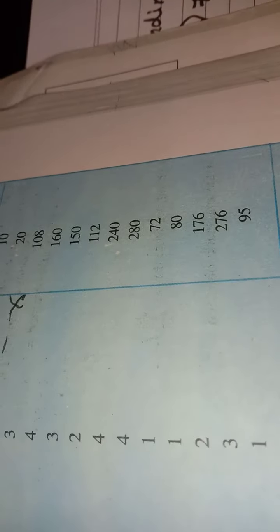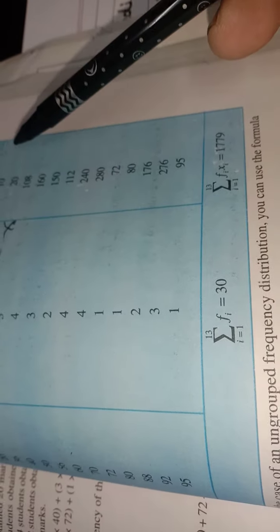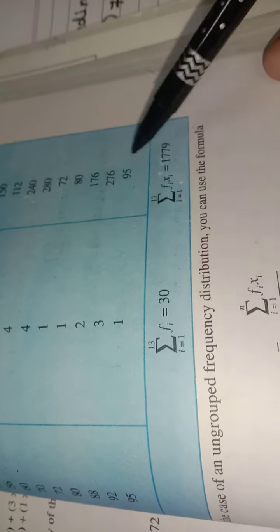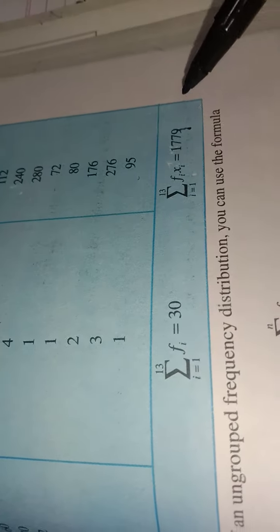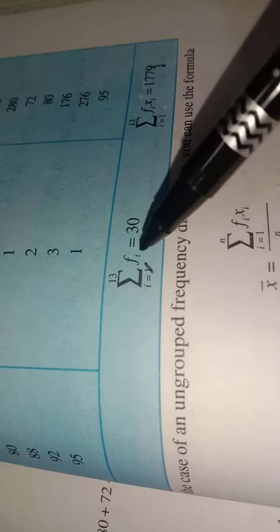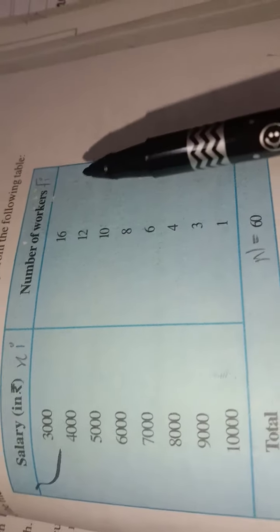We have to find fixi. You try to solve it on your own, otherwise no doubt I will send you fixi and then the total of observation along with the frequency. We have to divide it and we'll get the final answer, that is the mean. Clear? So don't panic about it. I'm going to send you after solving this.